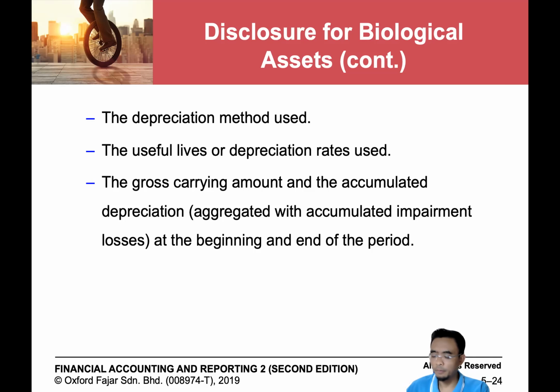So contoh apa pokok yang the tree itself kita akan harvest, not only the fruits but the tree itself kita akan harvest. At the moment I cannot think of examples of trees yang dia berbuah, but not only the fruits that we want to harvest but the tree itself we are going to harvest, dua-dua sekali. Jadi in that case, the plant is not considered as bearer plant.